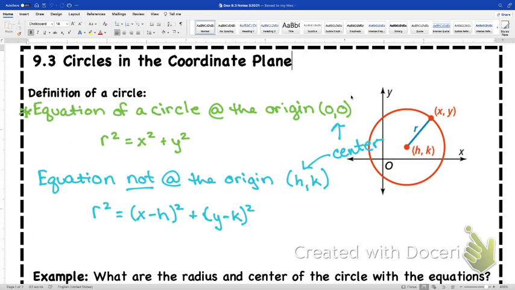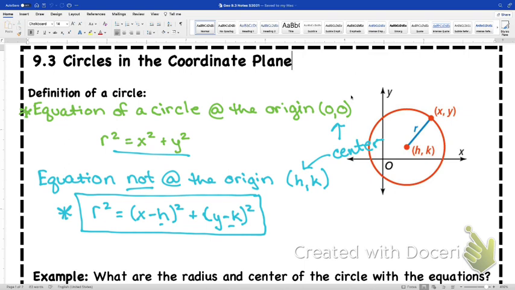The bottom one, because h and k would be 0 and 0, wouldn't they? And if it's 0 and 0, wouldn't it collapse to the first equation? Yep. So if I've got to remember one of them, the one I'm remembering is the bottom one, because if I plugged in h is 0 and k is 0, I'd end up with this equation, wouldn't I?